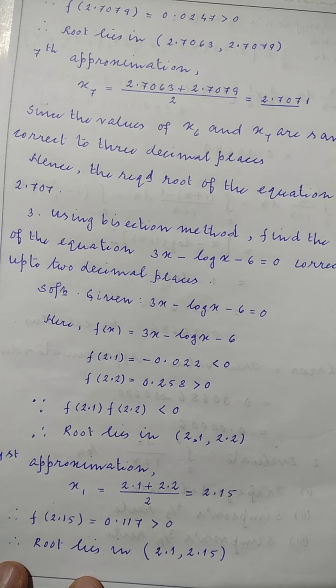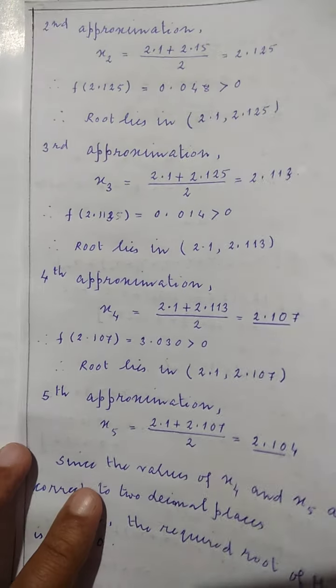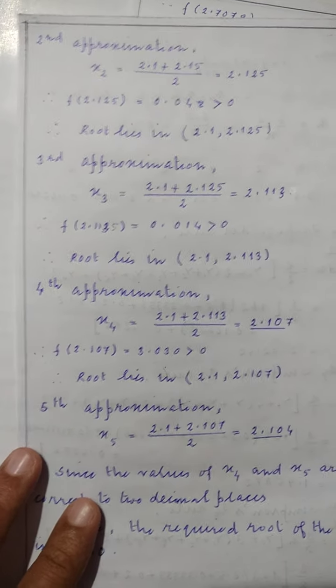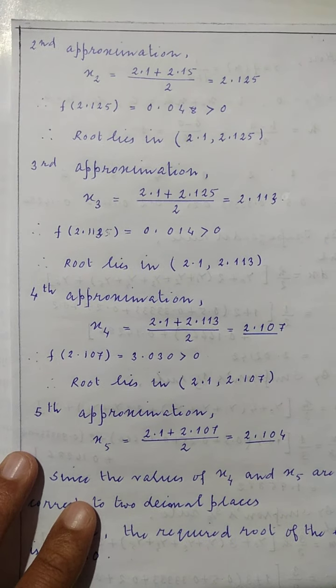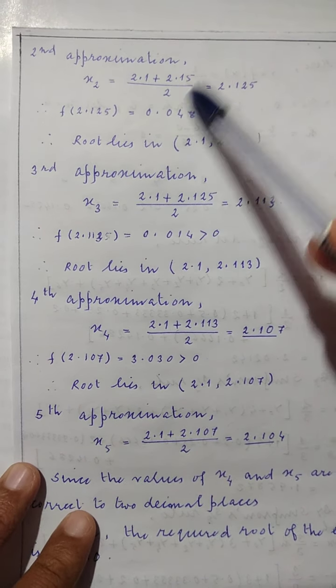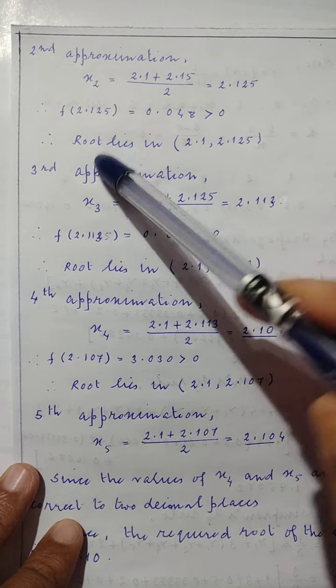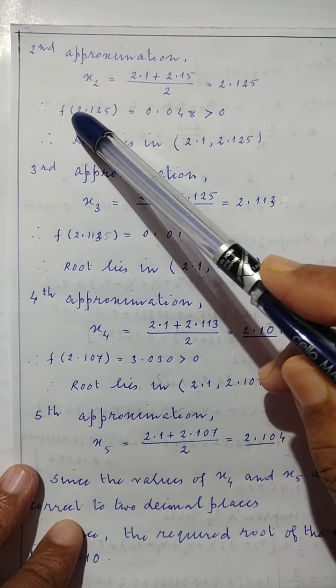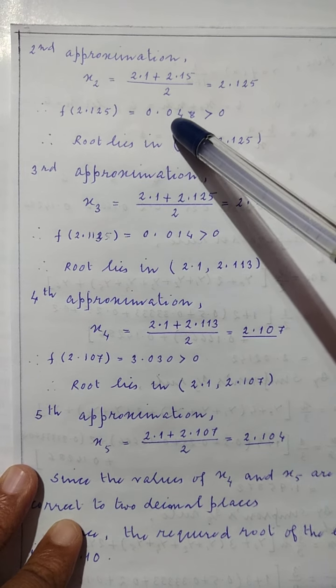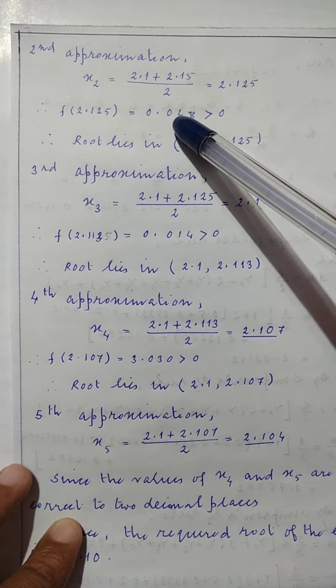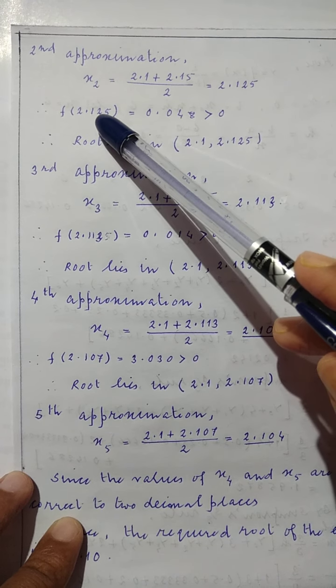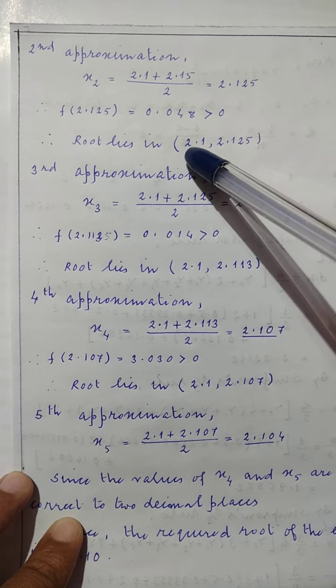Then the second approximation, x2, is 2.1 and 2.15 divided by 2, which is 2.125. Next you find f of 2.125. This is again a positive value. So now the root lies between 2.125 and 2.1 because f of 2.1 is negative.